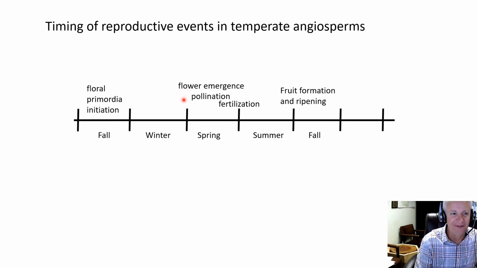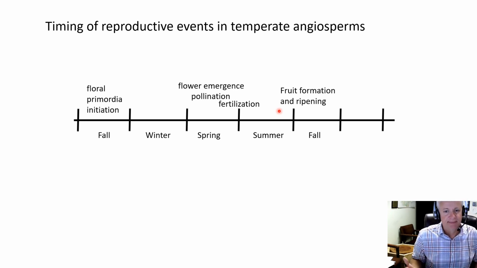And we all think about the emergence of flowers in the spring, and then once those flowers are out, pollen is distributed and pollination occurs, and fertilization generally happens soon after, with fruit formation and ripening occurring that fall. So typically the reproductive cycle is completed within about a 12-month period.